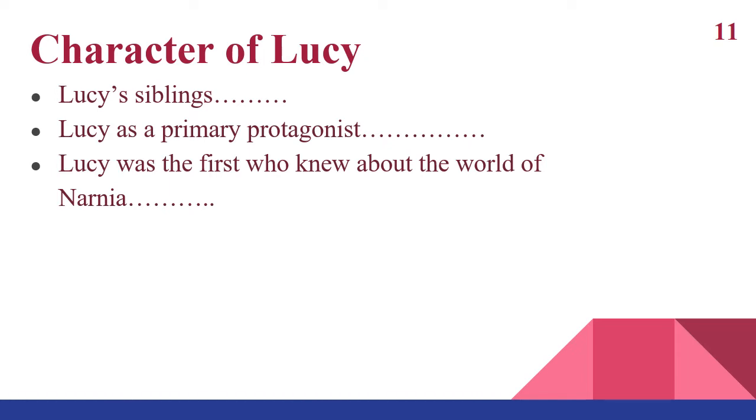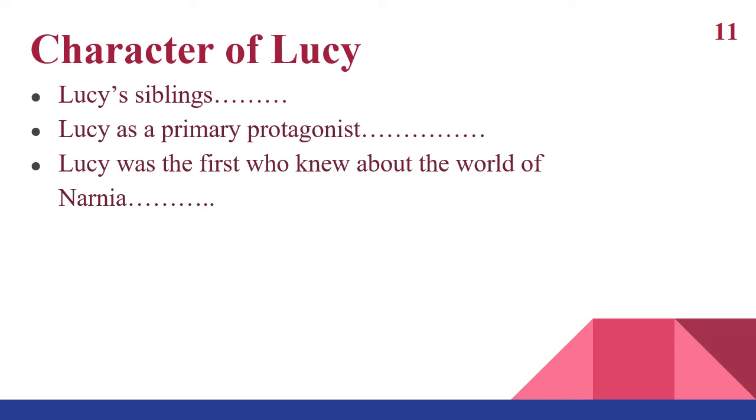She was the one who went through the gateway, through the wardrobe. Only she went there and found out about the magical land. She was youngest among the four children, but in many ways she was very important, and she was the one who told her siblings about the magical land.